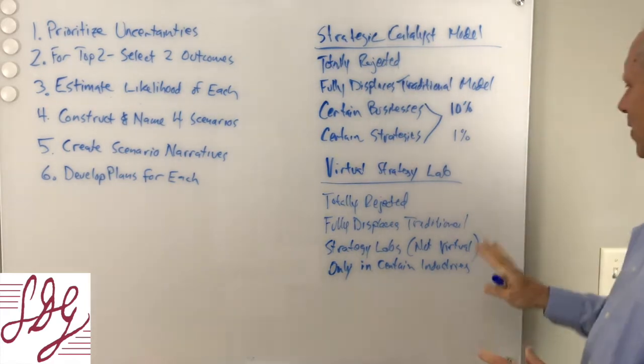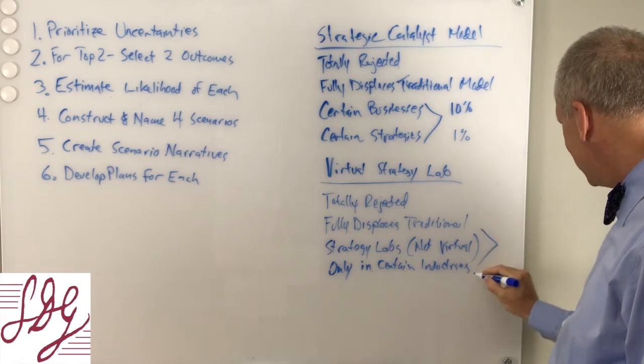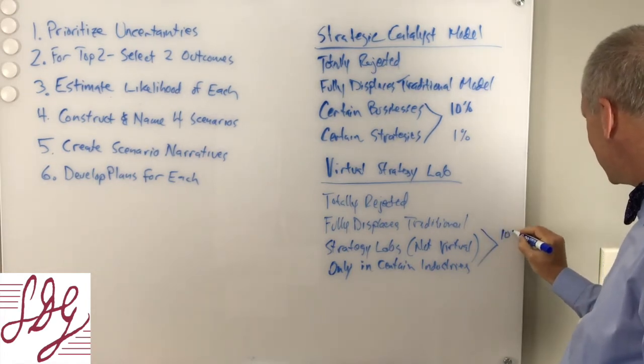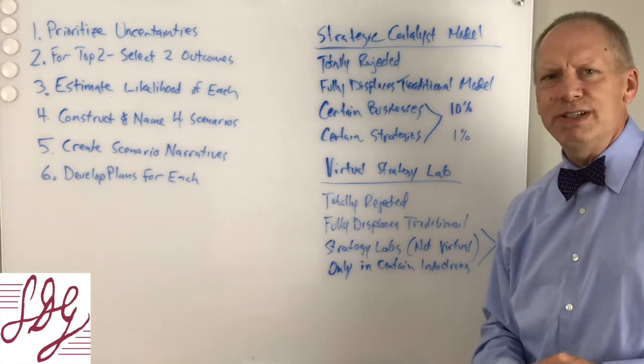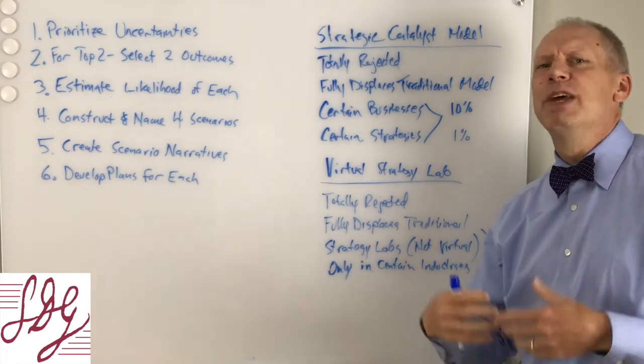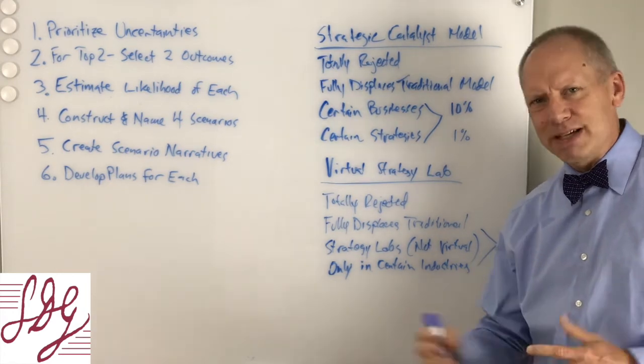So again, to simplify, let's take a 10% and a 1%. The optimistic view is that 10% of the time the virtual strategy lab is adopted, and 1% of the time is the pessimistic view.